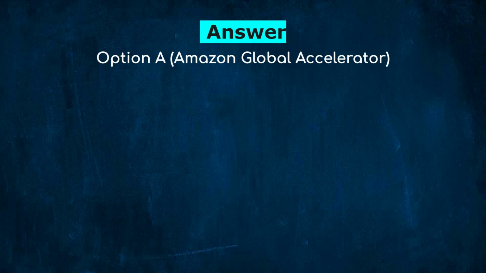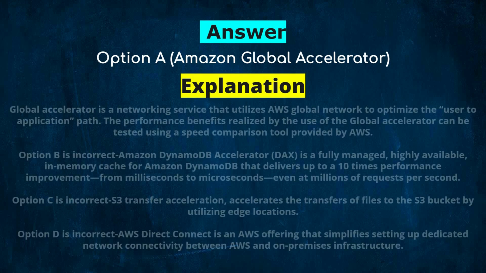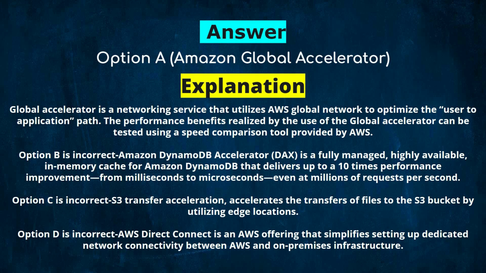Amazon Global Accelerator. Explanation. Global Accelerator is a networking service that utilizes AWS Global Network to optimize the user-to-application path. The performance benefits realized by the use of the Global Accelerator can be tested using a speed comparison tool provided by AWS. Option B is incorrect. Amazon DynamoDB Accelerator is a fully managed, highly available in-memory cache for Amazon DynamoDB that delivers up to a 10 times performance improvement from milliseconds to microseconds, even at millions of requests per second.